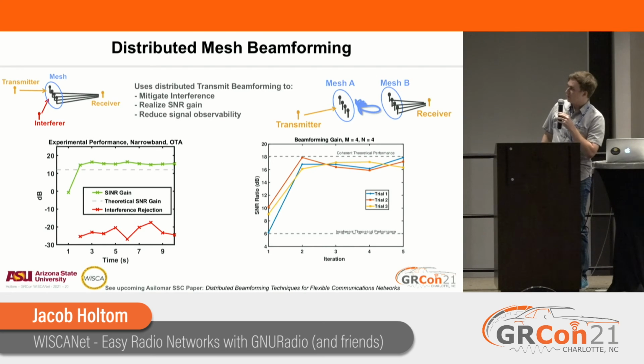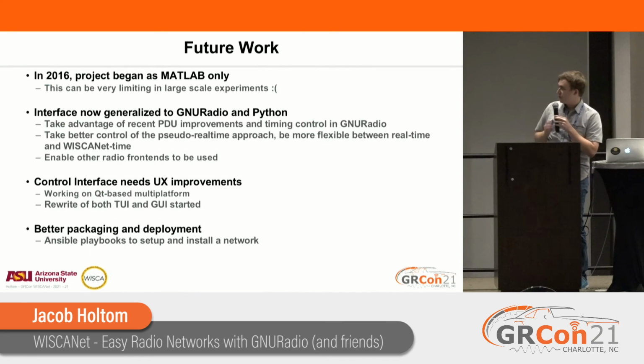And at the same time, we can realize some interference rejection. Since we receive an interferer at that mesh, we can also reject it with that beamformer when it combines at that final receiver.